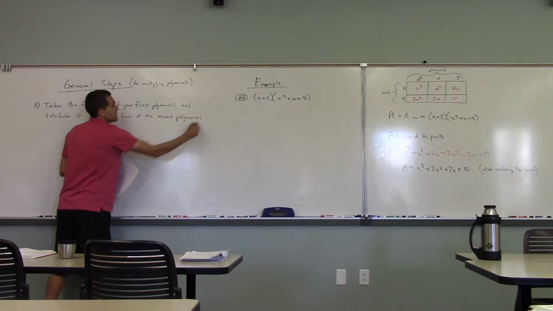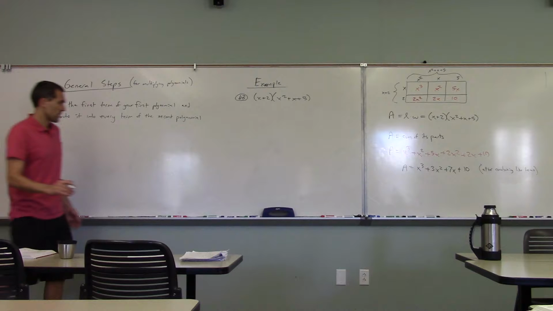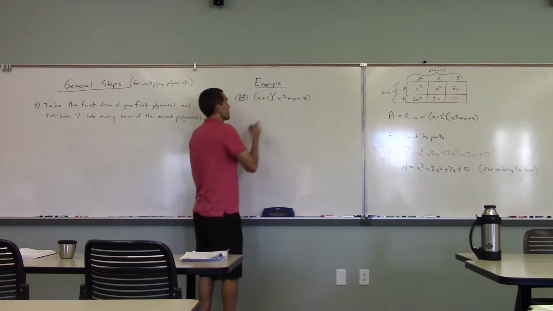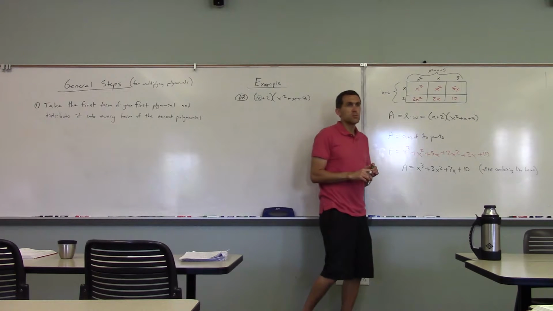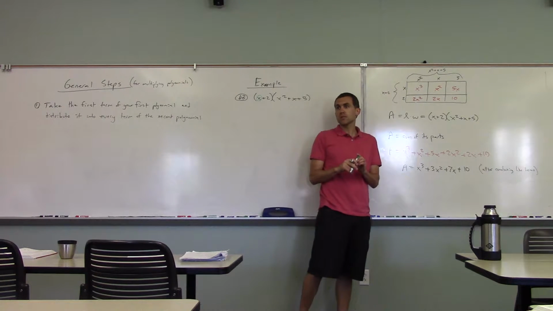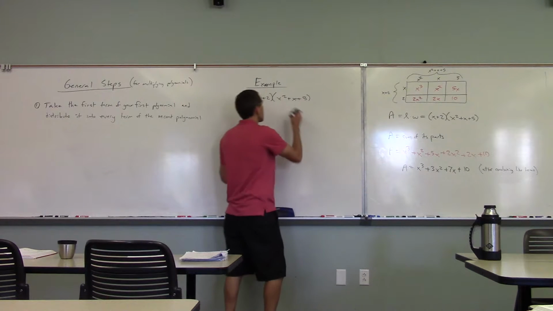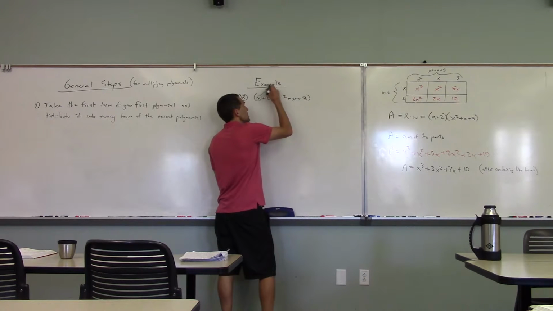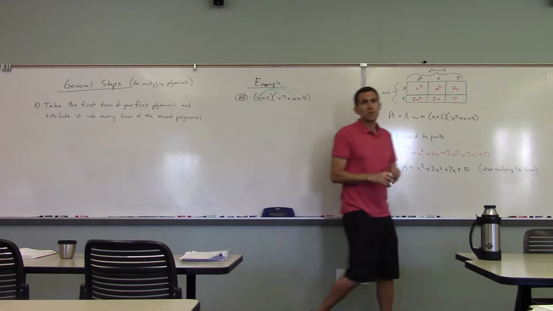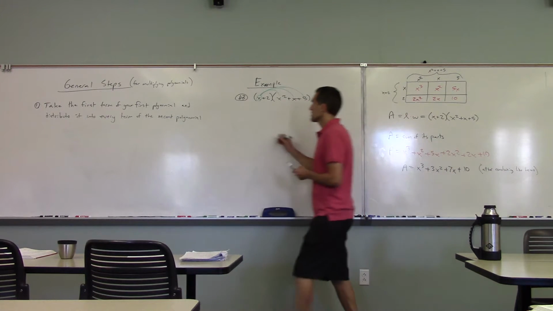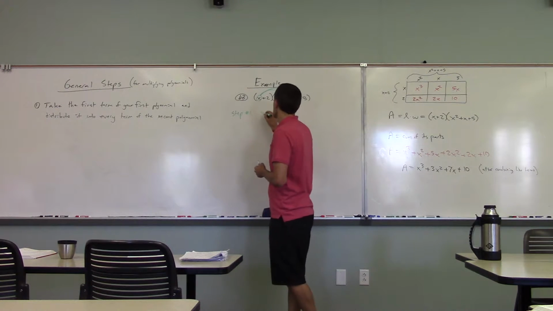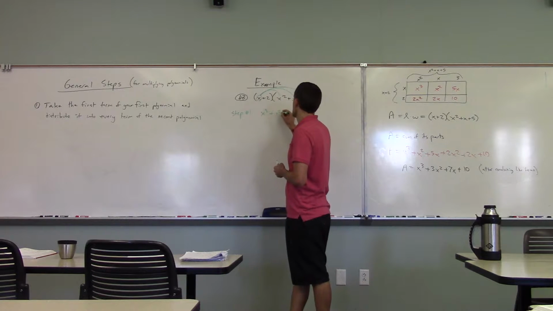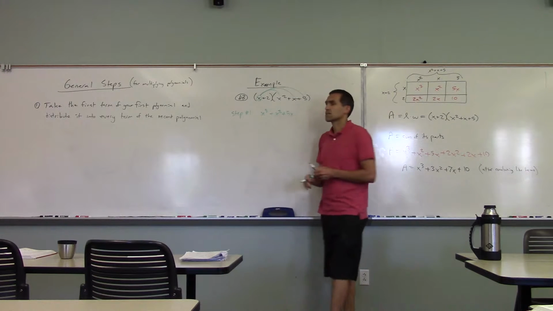So I'm trying to use as simple a vocabulary as I can while being mathematically accurate. But you take the first term of your first polynomial and you distribute it to every term in the next parentheses, regardless of how many there are. If there are 7 things in the next parentheses, you multiply it by 7 things in that parentheses. In this case, there were 3. So step 1 gives us x to the third plus x squared plus 5x.